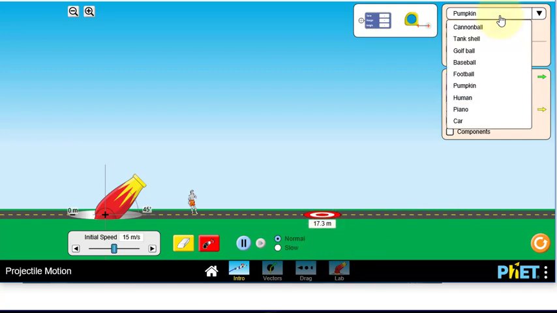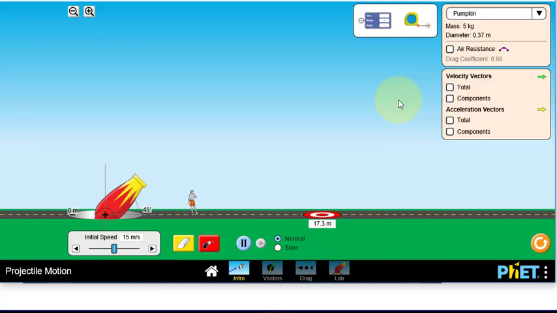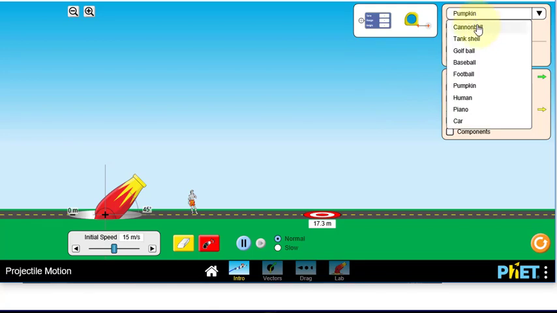You can also choose to launch different things, but all of these will follow the same path in the calculation that we do, because the formula that I'm using doesn't include anything about air resistance. It won't distinguish. It'll give us the same range, whether we're doing the cannonball or the pumpkin, the human, car, any of them.